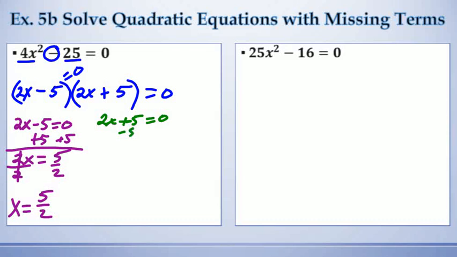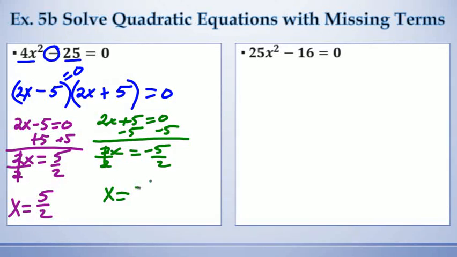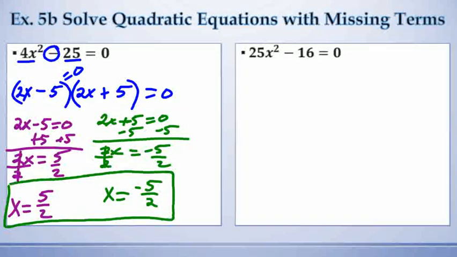I subtract 5 on both sides. 2x equals a negative 5. Divide by 2 on both sides. X will equal a negative 5 halves. So these two x values would be my solution.